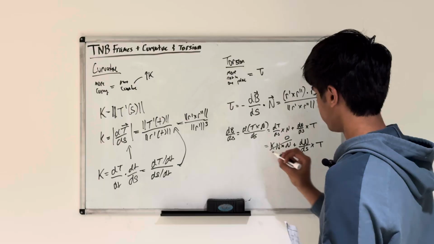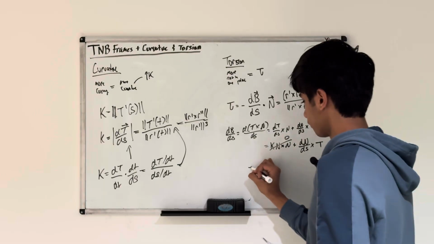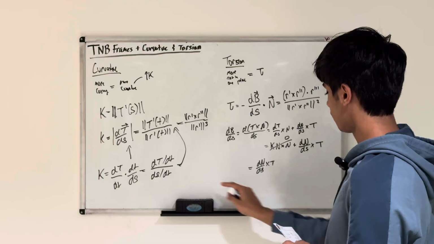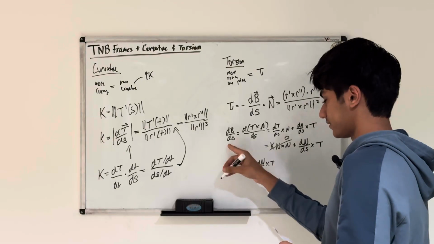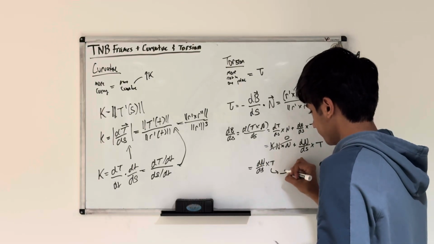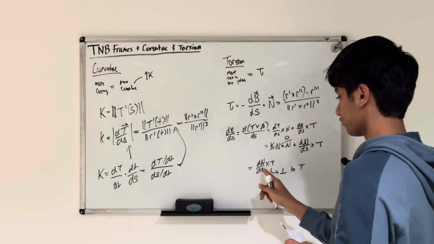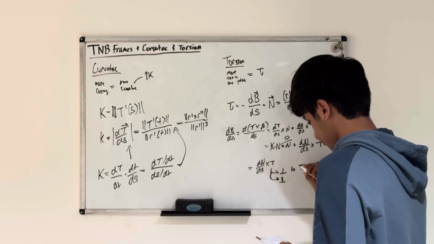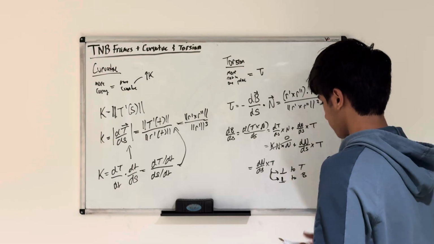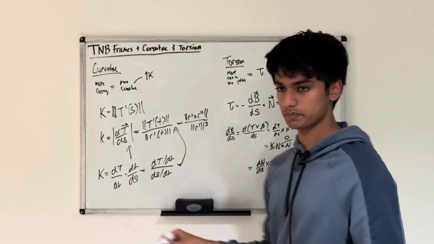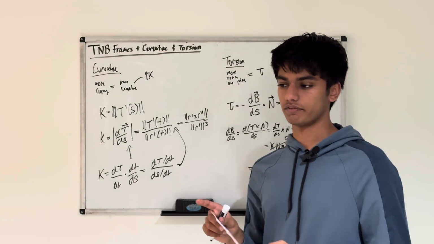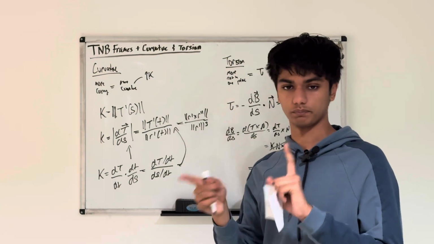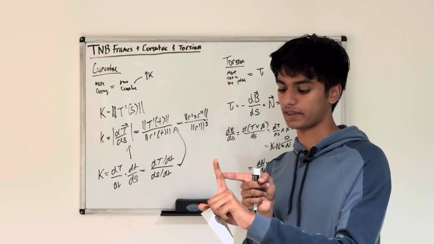And so the idea here is we know that dN over ds cross T is equal to dB over ds. This dB over ds is going to be perpendicular to T, because we're crossing it. And one thing we also know is it's going to be perpendicular to the binormal. The reason why is, again, what I said before: when we take the derivative of a vector with constant length, that derivative is going to be orthogonal to that original vector.